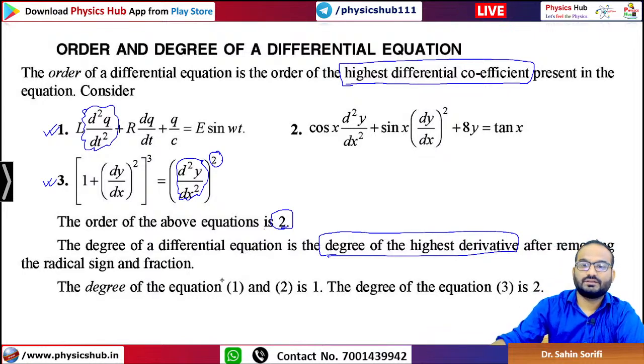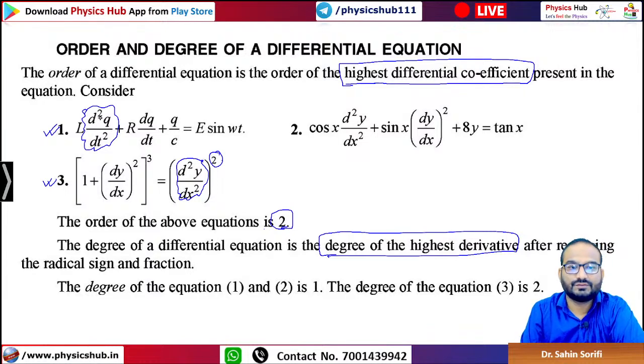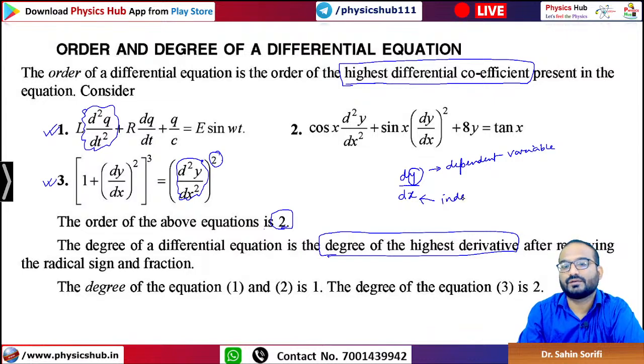One thing I would like to mention here: you can see this is d square y by dx square, dy by dx. So let's say dy by dx. Here this y is known as the dependent variable, and the variable with respect to which it is varying is the independent variable.